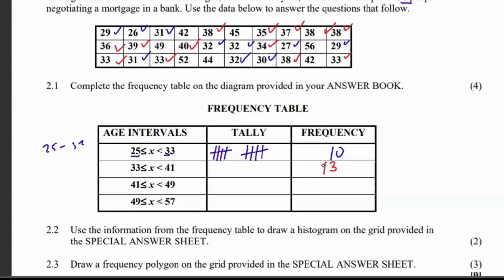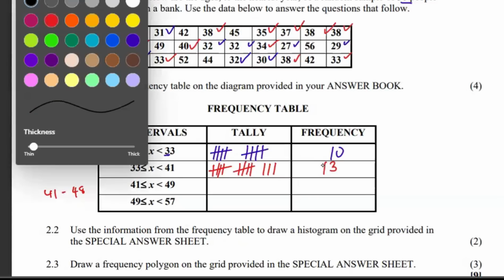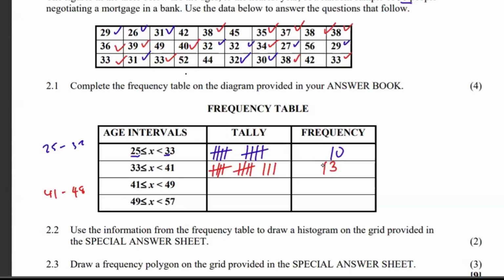So the frequency is 13. Then between 41 up to 48, that should be our next target. So this is going to be 1, 2, 3, 4.